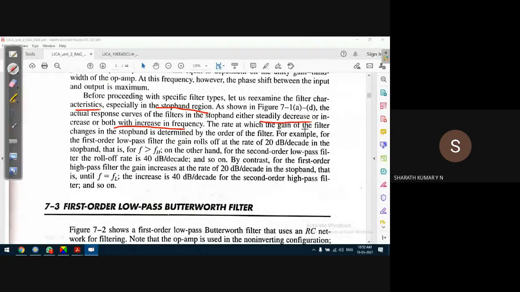The rate at which the gain of the filter changes in the stop band range determines the order of the filter. The order of the filter means how good the attenuation of the gain is as the frequency varies. For example, if the attenuation is around 20 dB per decade, I'll explain it like this.